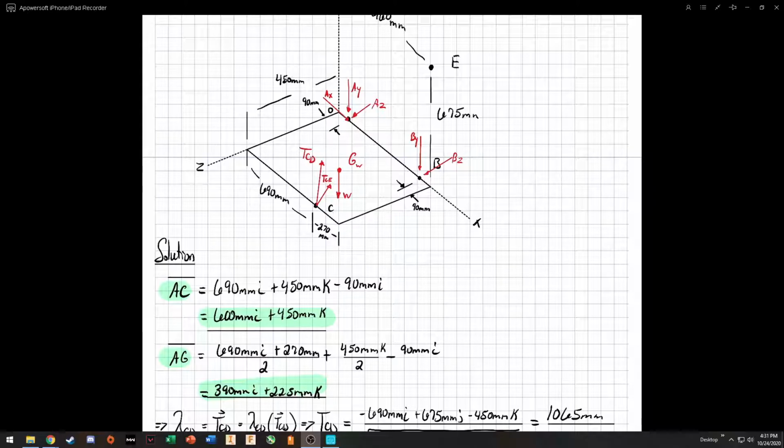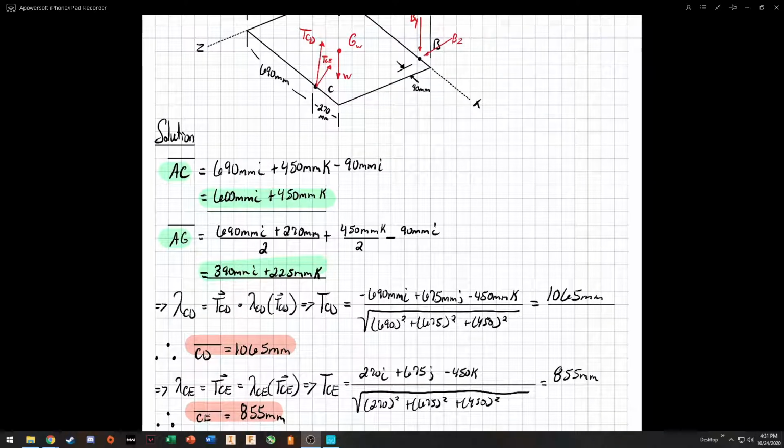Now we have 450 millimeters in the K direction over 2, so we find that in the center. Keep in mind that the hinge is 90 millimeters away from the origin, so we have to subtract that again. We get length AG to be 390 millimeters I plus 225 millimeters K.